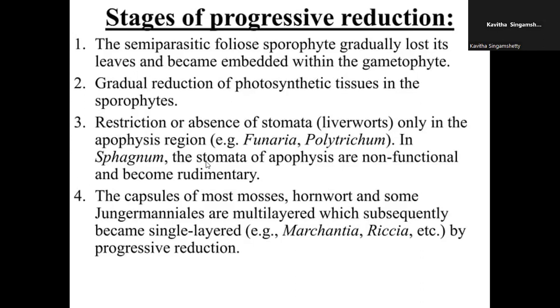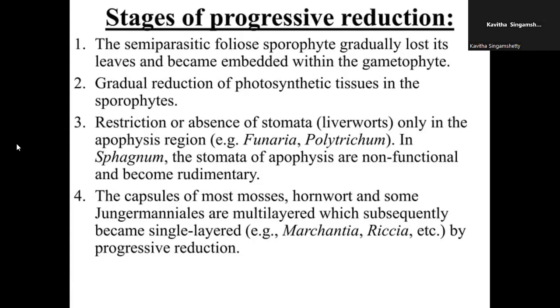In Sphagnum, the stomata of the apophysis are non-functional. The capsules of the higher forms like mosses and hornworts were observed to be multi-layered, which subsequently became single-layered in Marchantia. So we came from complexity to simplicity.